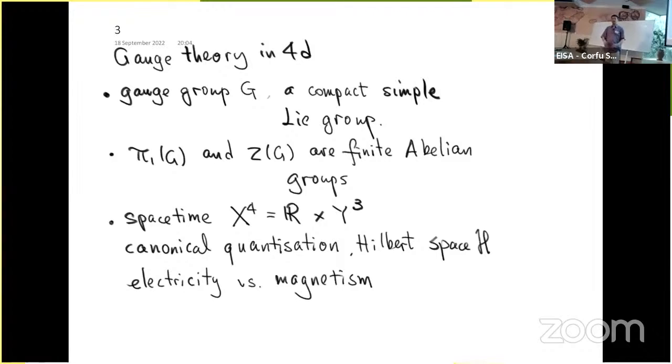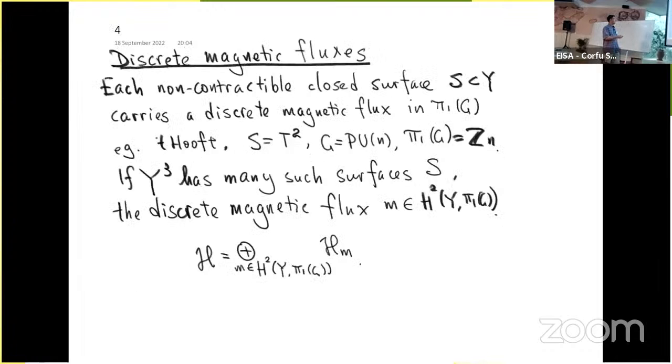If we have a four-manifold which is closed by itself without knowing which time direction is, then there's no separate notion of electricity and magnetism. So we are still looking at a general gauge theory in four dimensions, where the space-time manifold is a product of timeline and a three-manifold. Let us look at some topological aspects.